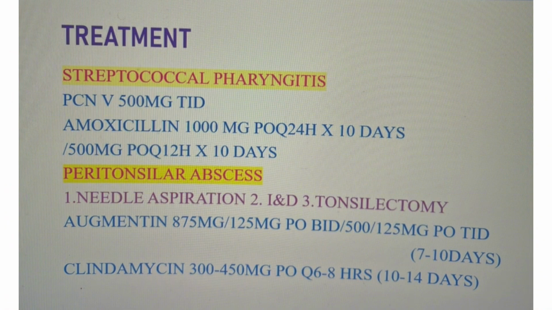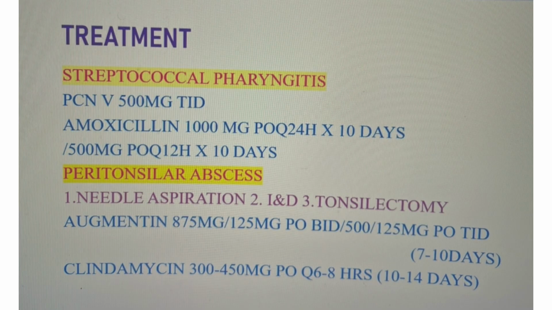The antibiotics we can order are Augmentin 875/125 BID, or 500/125 TID for 7 to 10 days. Or if the patient is allergic to penicillin, even though macrolides are not favorable for pharyngitis treatment, we can order clindamycin 300 to 450 milligram every 6 to 8 hours for 10 to 14 days.